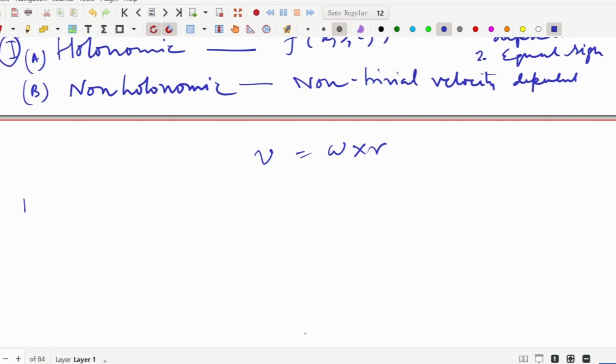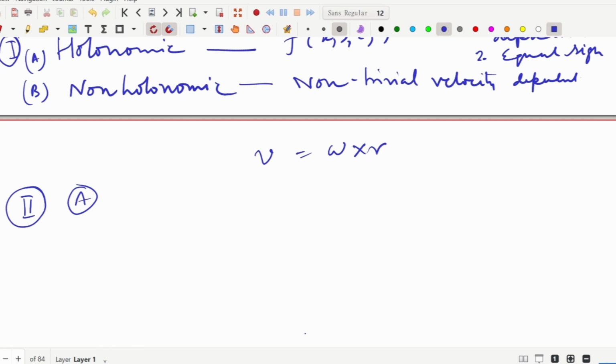Then the next type of classification depends on the time dependence in the constraint equation. This is a completely different classification. All constraints are either holonomic or non-holonomic.